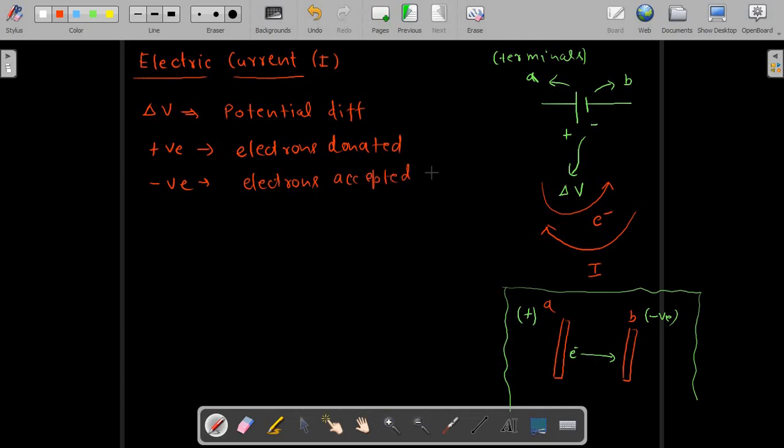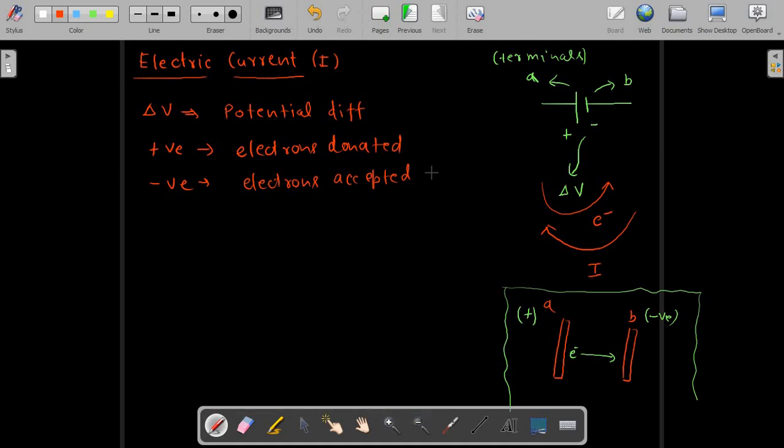Getting my point? So we need a potential difference for the flow of electrons, and then the current. Potential difference is needed between any two points, then only the flow of current will be possible.